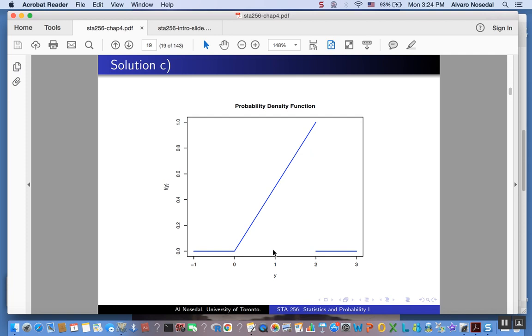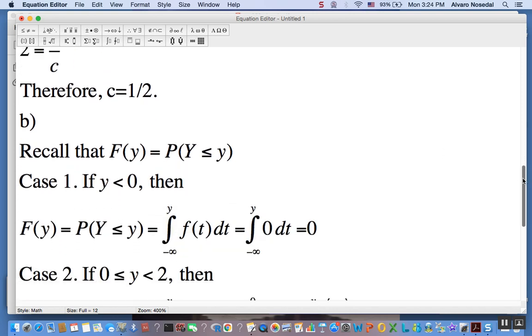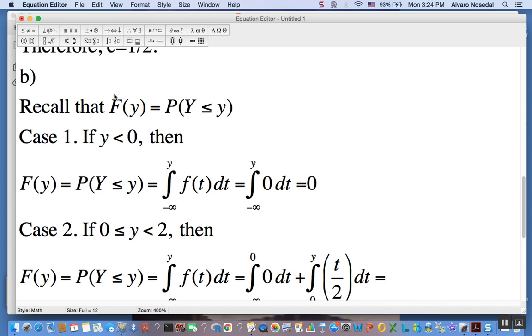Okay, now that's the graphical representation of the PDF, the probability density function. Let's talk about the graphical representation of the CDF, the cumulative distribution function, uppercase F. What we said is, if y is less than 0, then the CDF will be 0.